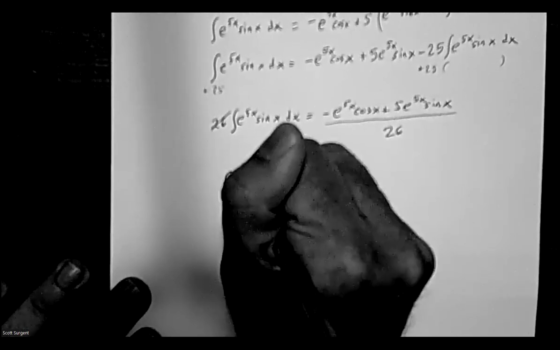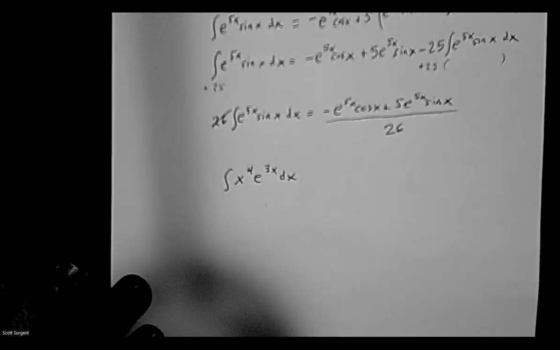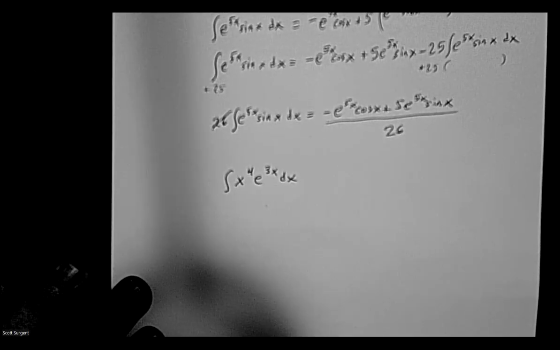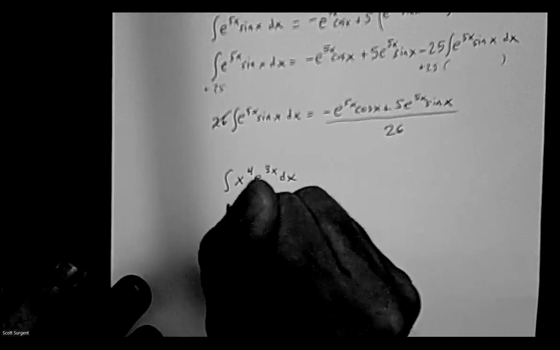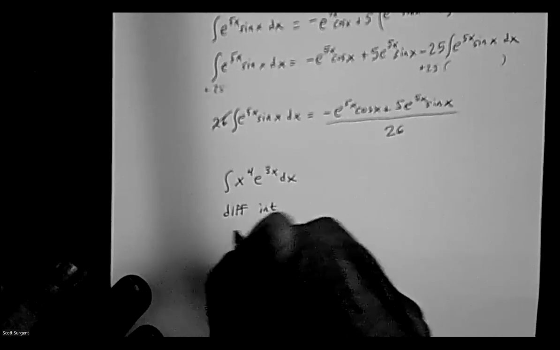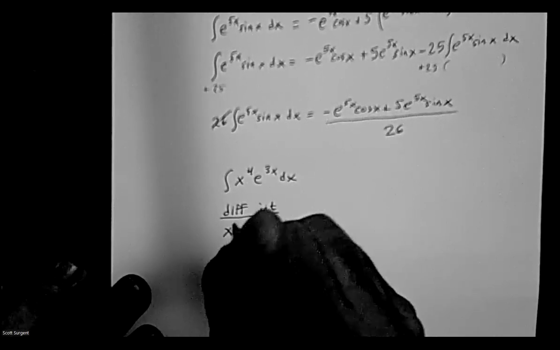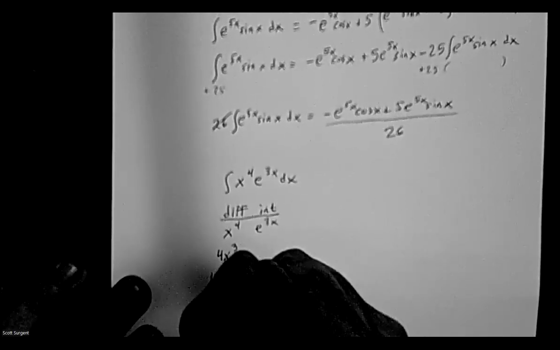If you did something like x to the 4th, e to the 3x dx, if you do integration by parts, you're going to have like 4 or 5 nested cases. So what you do is you make 2 columns, differentiate and integrate. You just keep on differentiating until you get to 0.